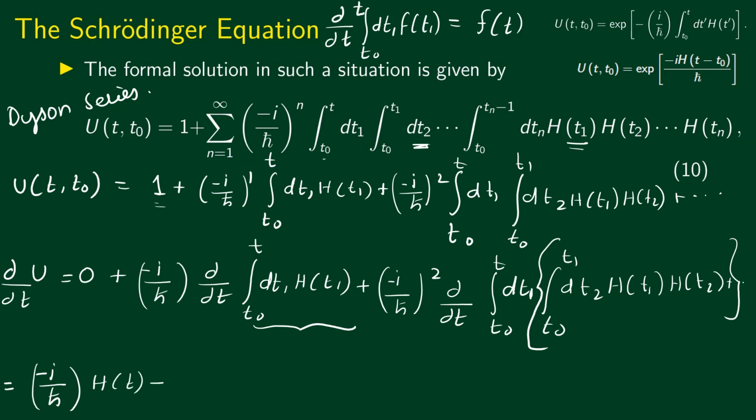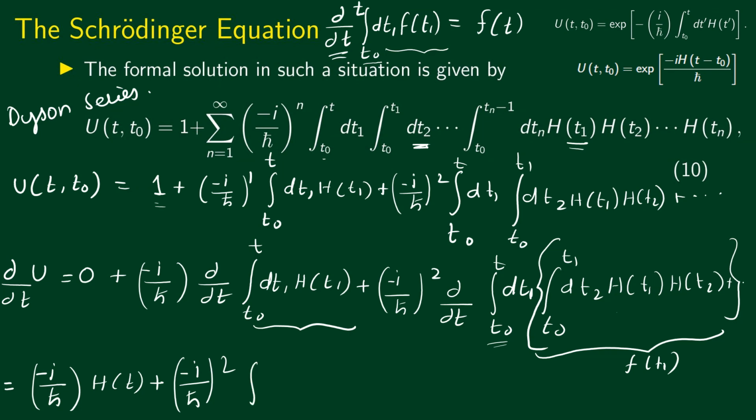And the next term, minus i by h bar square. Again, we see that this is exactly of the same form, partial time derivative of the integral t0 to t dt1 f of t1. Only f of t1 is now this integral. So this partial time derivative has to be equal to f of t. What is f of t? You just take this function and put t1 equal to t. So this integration will vanish.